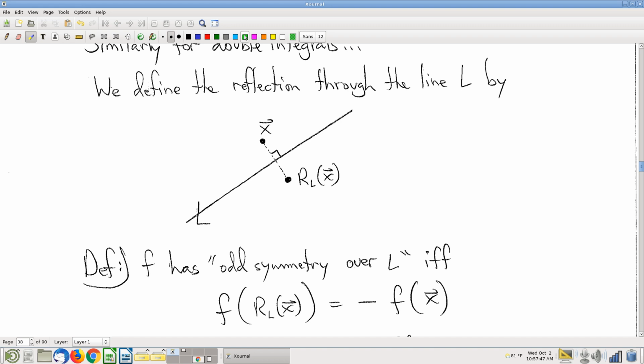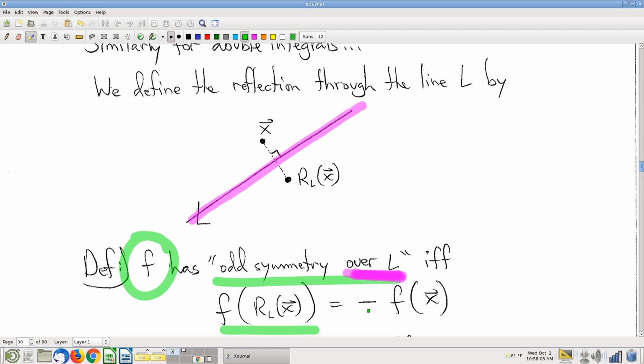And that is, first of all, a function could have odd symmetry over that line. And by over that line, I mean in terms of what happens when you reflect over that line. Odd symmetry would just mean that when you look at the reflection, the function's value is the negative of what it is on the other side.